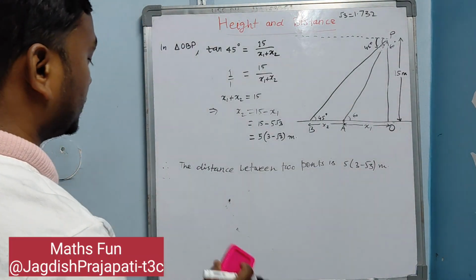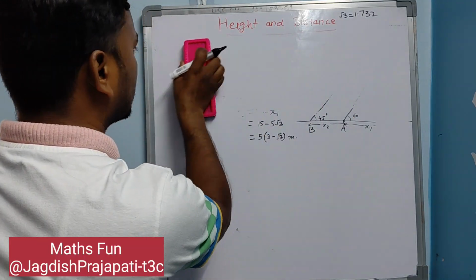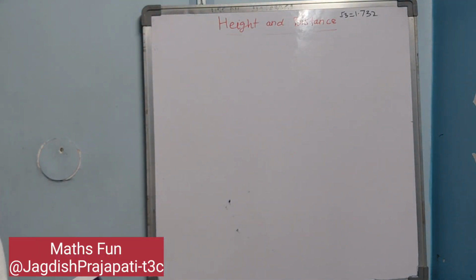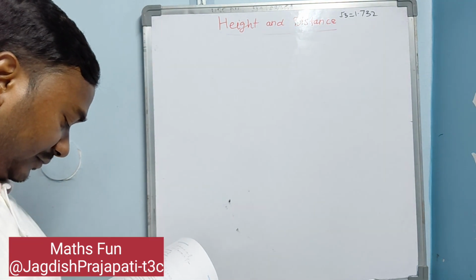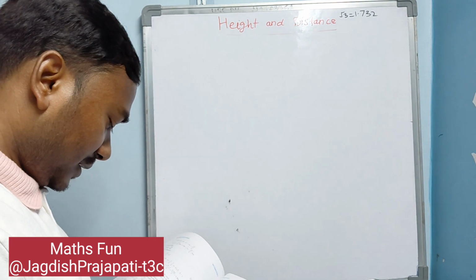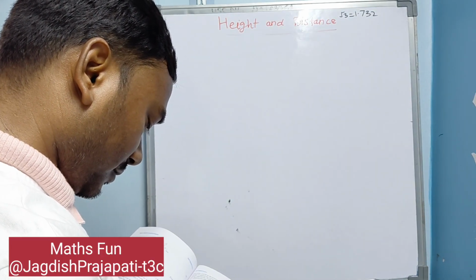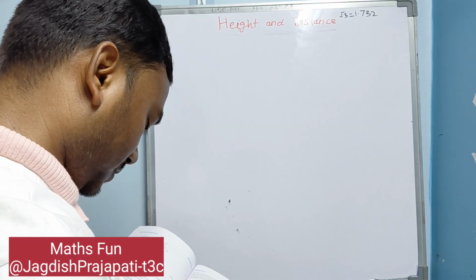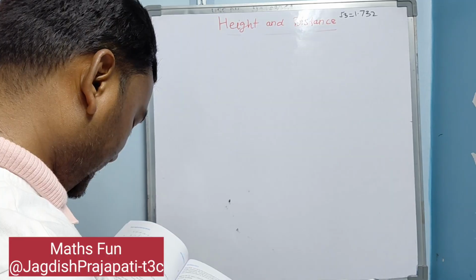So let us, I hope you have noted down this. The angle of elevation of a tower from a point on the same level as the foot of tower is 30 degree.